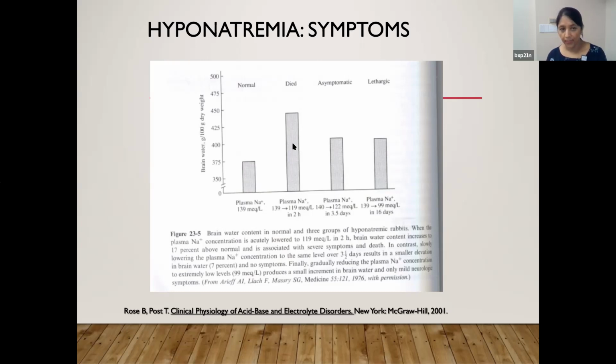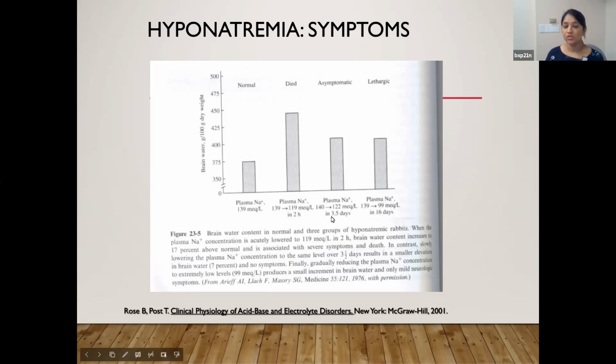When that happened, the brain absorbs so much water, almost 17% above normal. So all of a sudden they had severe brain edema and then they just died. This is from one of the studies quoted.